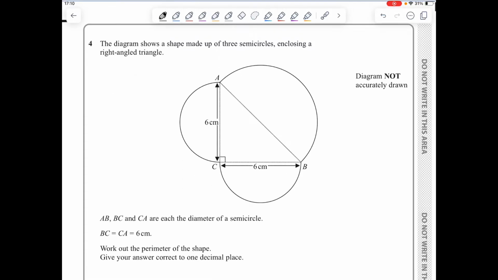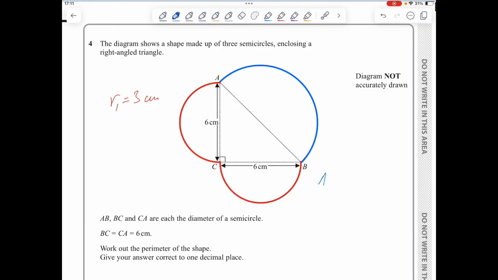For question 4, I need to find the perimeter of this shape. Note that the perimeter is made up of 3 semicircles. The two red ones have a diameter of 6, therefore the radius is equal to 3 centimeters. And in order to find the radius of the blue semicircle, I'll need to use Pythagoras' theorem.